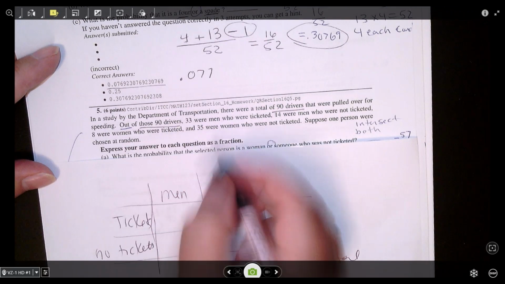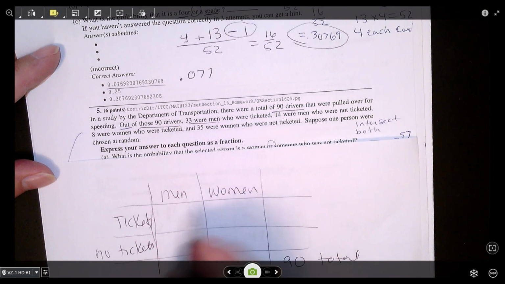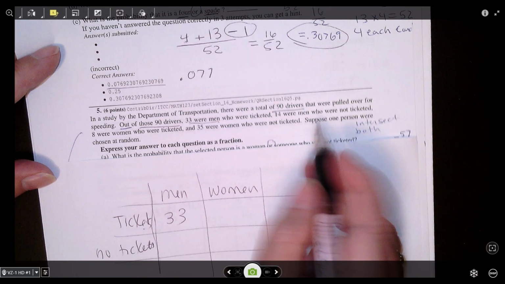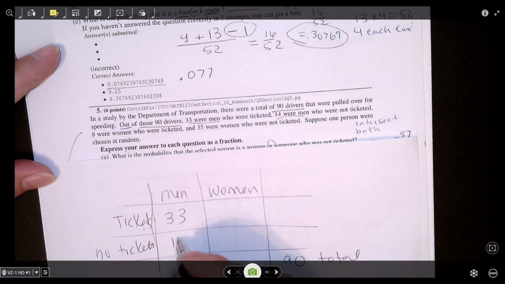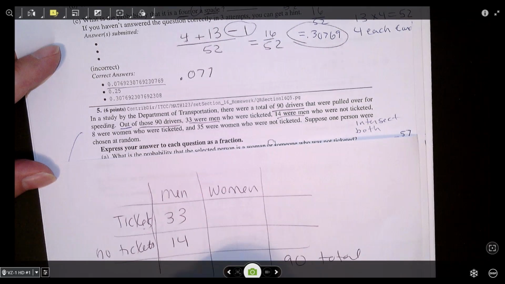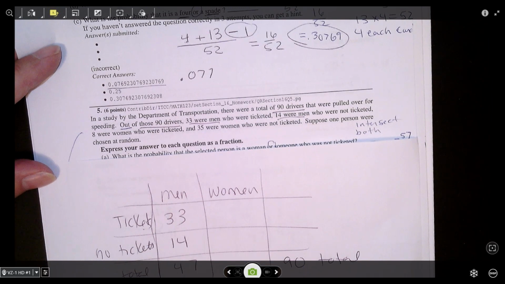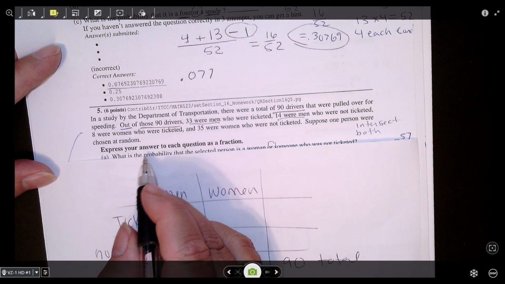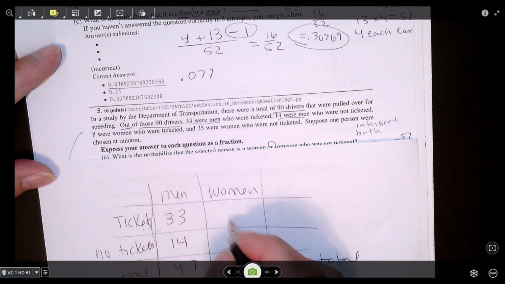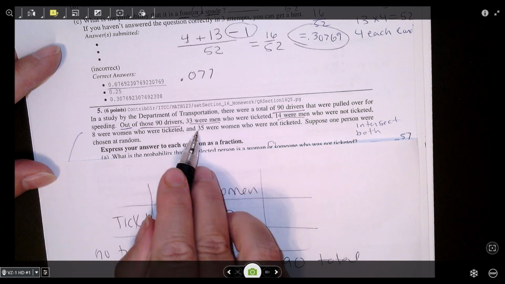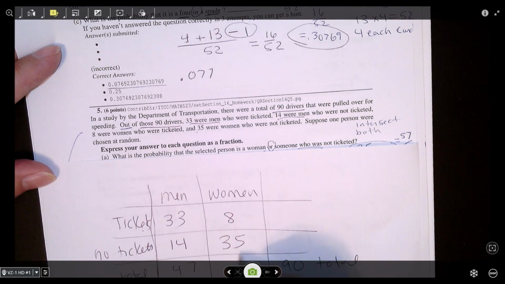Out of the 90 drivers, 33 were men that got tickets, 14 were men that didn't get tickets. So the total men were 47. 8 were women that got tickets, and 35 were women who didn't get tickets.